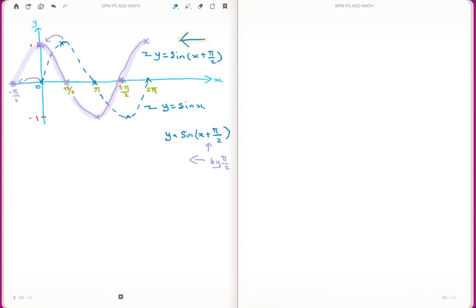Because in this range, 0 to 360, it is a cos curve. So if you have a plus of an angle inside, you shift to the left. If minus, shift to the right.